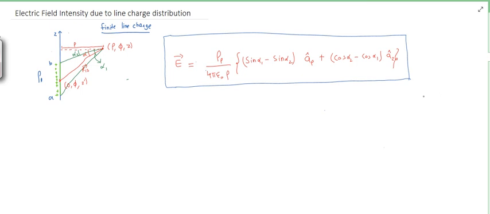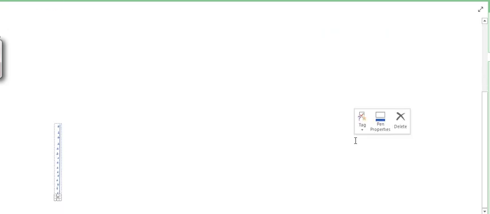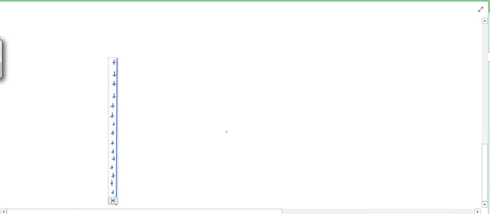Now let us see some different cases, like if the line charge is not finite, it is infinite. Then what will happen? So if I consider an infinite line charge, suppose this is my line charge which is of infinite length.